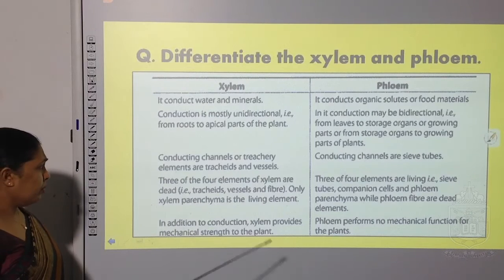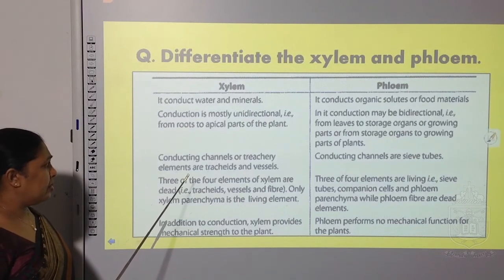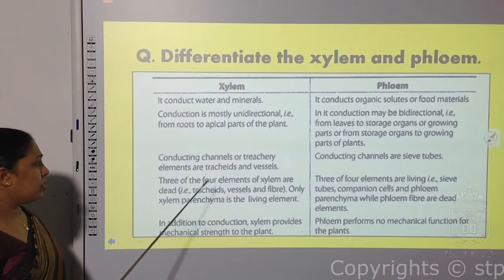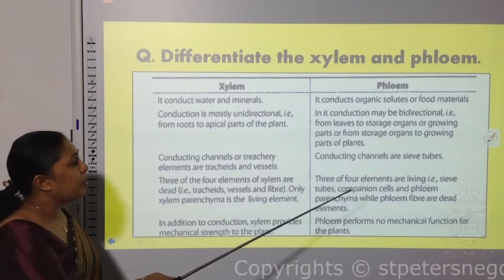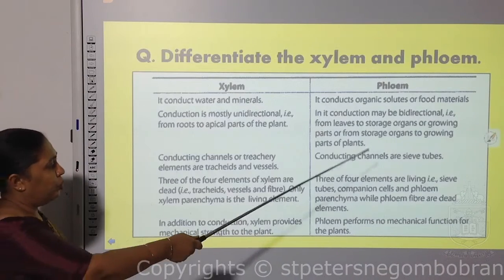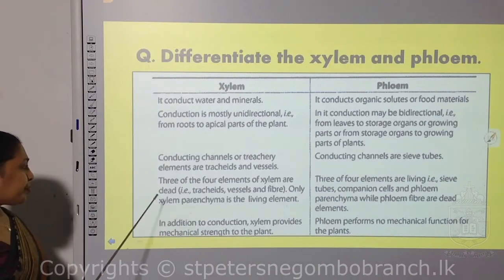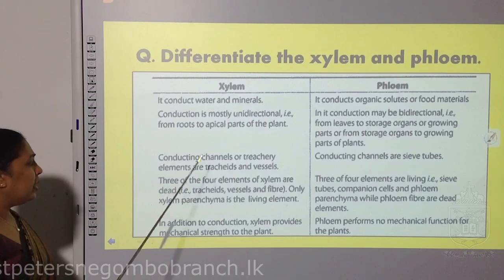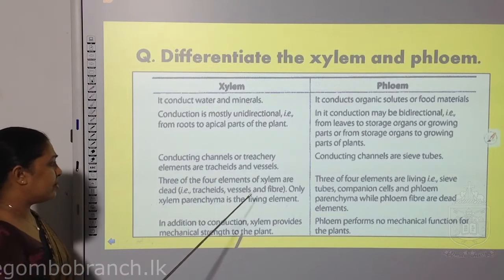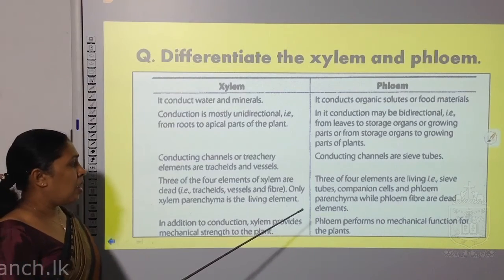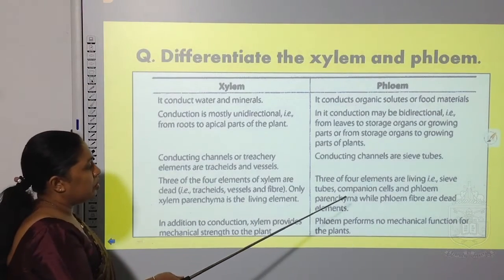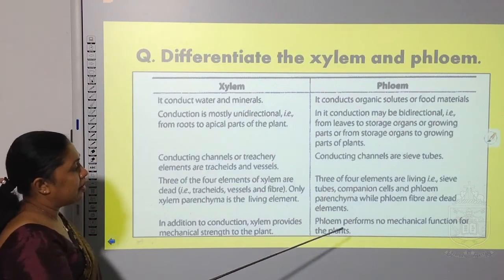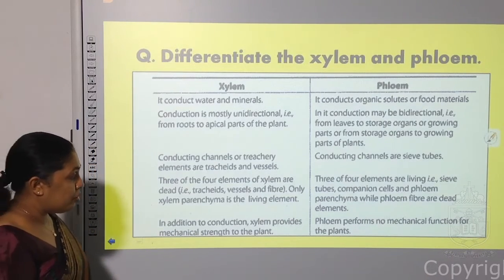The conducting elements in xylem are the tracheids and the vessels, and the phloem has sieve tube elements. In the xylem, some elements, tracheids, vessels and fibers, are dead, and in phloem most are living, especially the sieve tubes, companion cells and the phloem parenchyma.